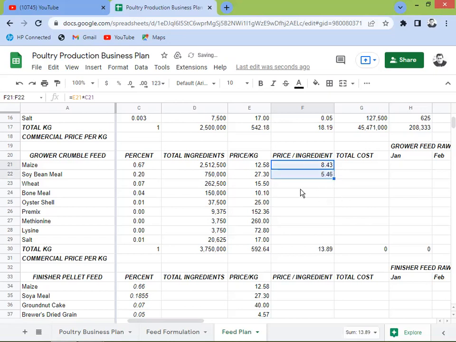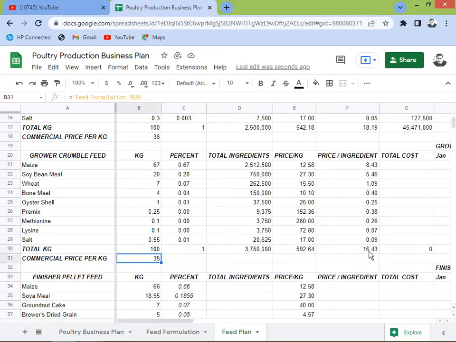And for the soybean meal, we're going to be spending 5.46 based on formulation. All these are based on formulation because we multiply this based on the percentage. So the total price per ingredient for the entire formulation is 16.43 rupees.